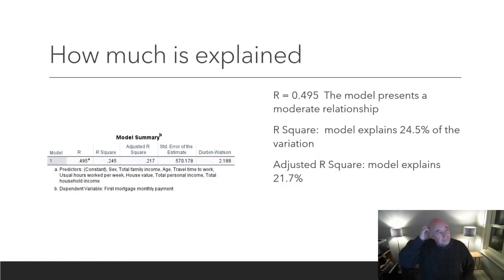All right. How much are you explaining? The nice thing here is you've increased your R. You've got a much higher R, 0.49. So it's now a moderate relationship, and your R squared has increased to 24%. You've improved the model. You've even improved the adjusted R squared.